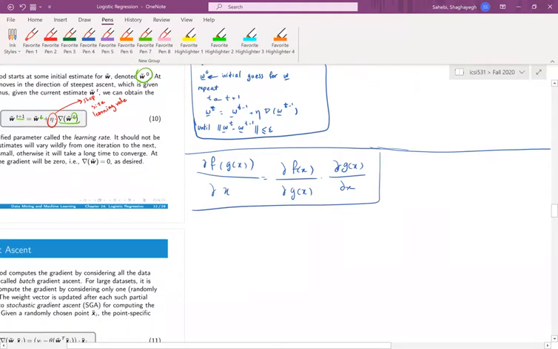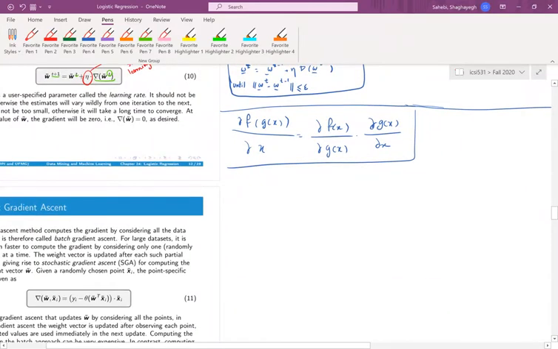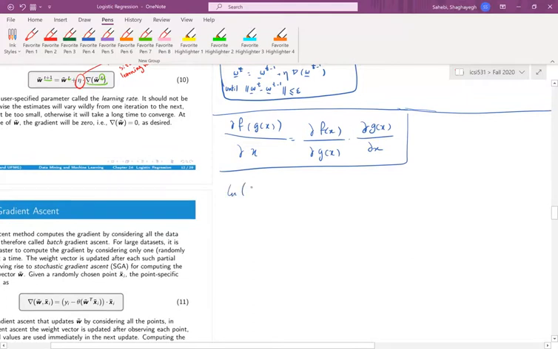Now, our log likelihood function, ln of L of W, looks like this. It is summation i equals 1 to n, yi ln of sigmoid of W transpose xi plus 1 minus yi ln of 1 minus sigmoid of W transpose xi.